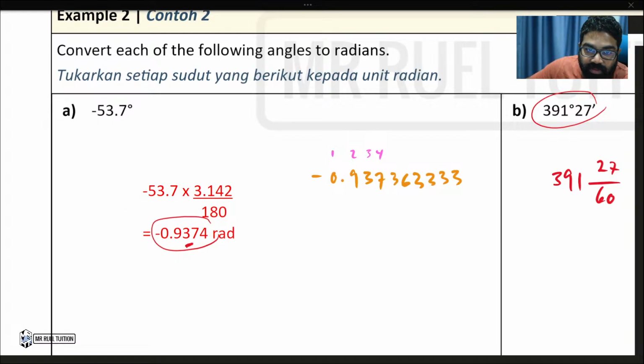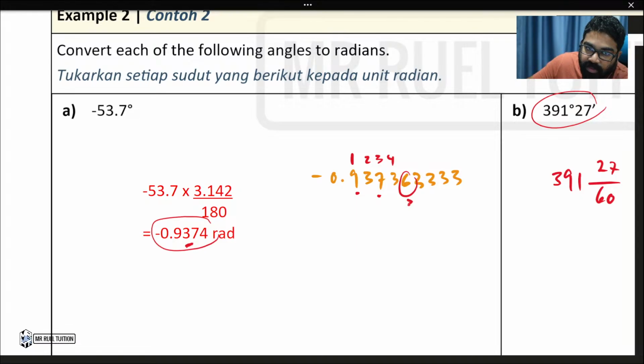So you look at this. 1, 2, 3, 4. Angka seterusnya kurang daripada 5. Less than 5. Sorry. Significant figure. Angka berarti kita mula dari sini. The first non-zero digit. Angka bukan sifar yang pertama ialah angka berarti pertama. Right? So 1, 2, 3, 4. Okay. So the next number is more than 5.